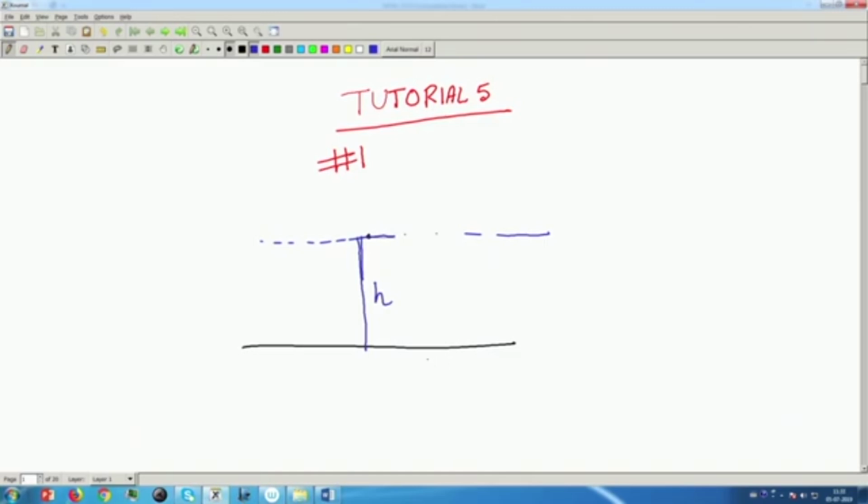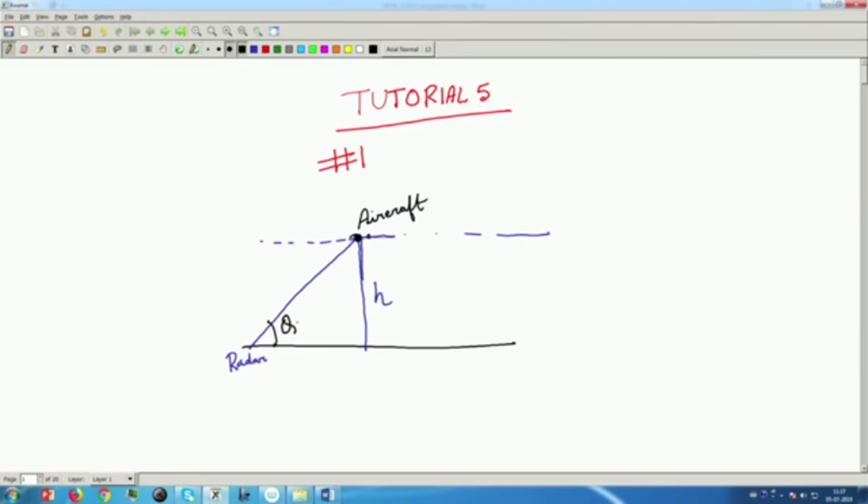So, the range of the aircraft from the radar, let this be the radar and this the aircraft, and this angle is the elevation angle theta.